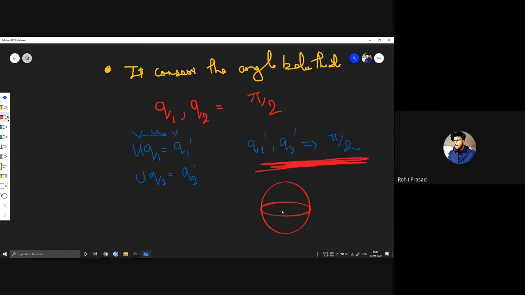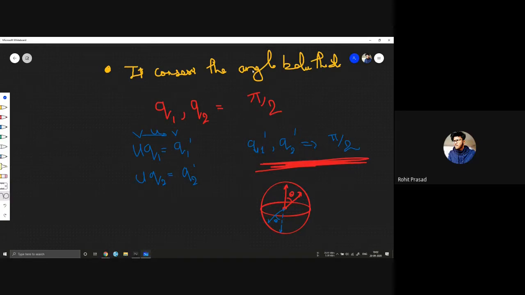When we transform a vector from one vector space to another, the angle between the vectors remains conserved. Say this one gets flipped like this, and this one gets flipped like this, then the angle between them will be conserved. We will talk about this when I teach you the Bloch sphere, I guess.